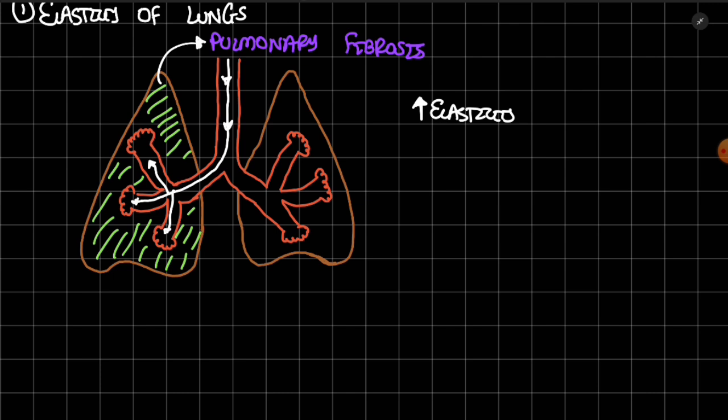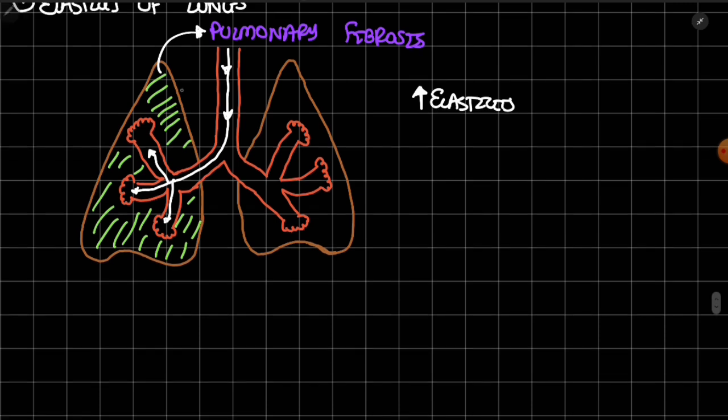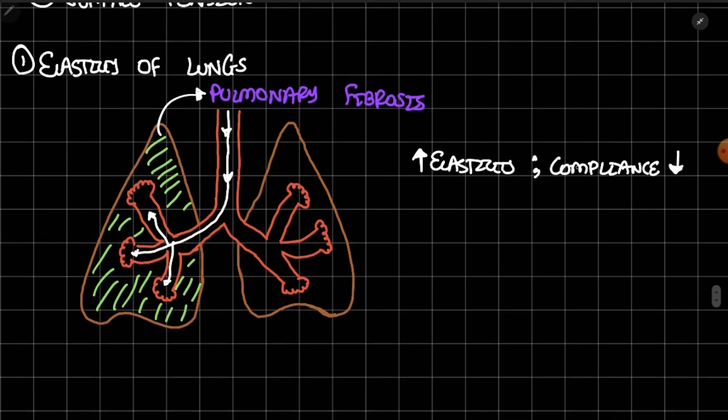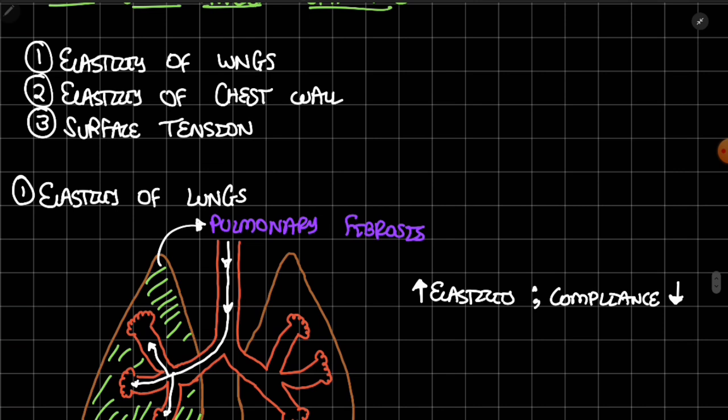The recoiling capacity, what is recoiling? It is the elasticity. So elasticity increases. And now what will happen to the compliance? Since the lung is not able to inflate, it can't maintain its shape. It is recoiling and recoiling. So the compliance obviously decreases. So elasticity of lung is a determinant of compliance. Now the elasticity of chest wall.